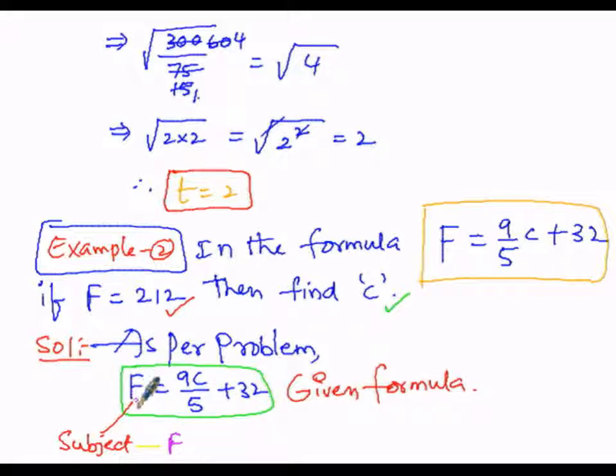Therefore, it will be called the subject. But as per problem, we have to make C the subject because we have to find out the value of C. In order to make C the subject of the formula, first of all, let us write the formula which is given for us. So here F equals 9C divided by 5 plus 32 which is given.